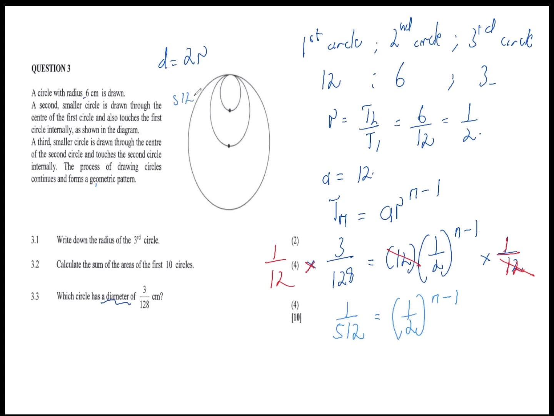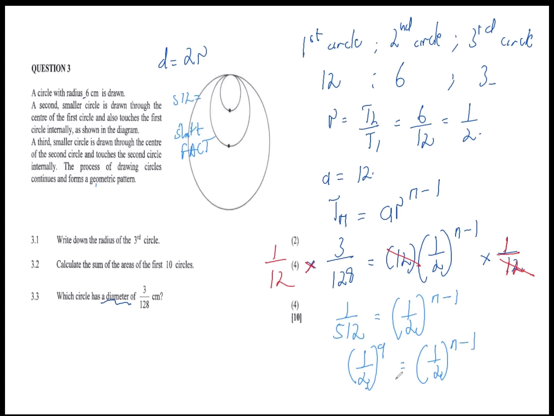Take the 512 and press shift fact from your calculator. So you will see the 512 changes to 2 to the exponent of 9. So which means I can have 1 over 2, all to the exponent of 9, and then it is equal to 1 over 2 to the exponent of n minus 1.